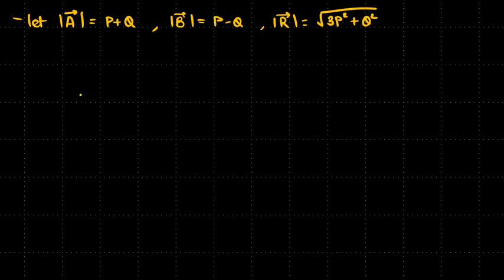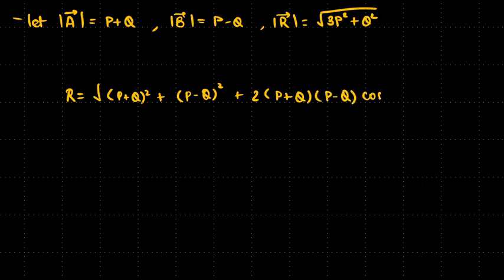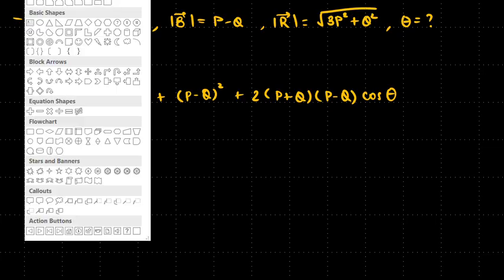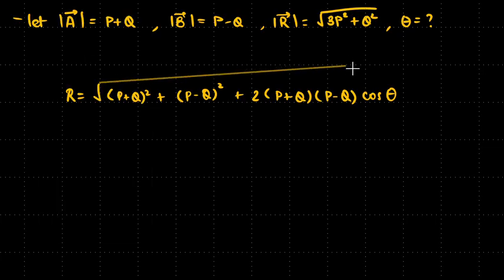We know that the magnitude of a resultant is given by the formula square root of A squared, so P plus Q squared, plus B squared, which will be P minus Q squared, plus 2AB cos theta, where A is P plus Q and B is P minus Q. Theta is the angle that we need to find, since theta is the angle between A and B. And this is under the square root.